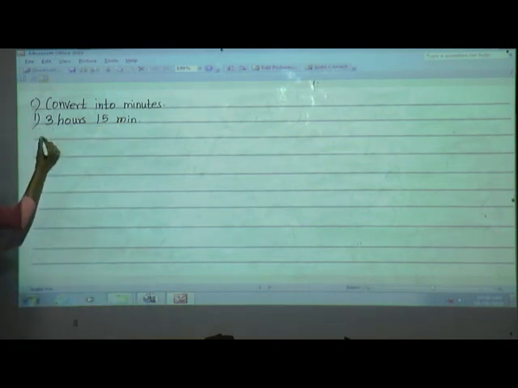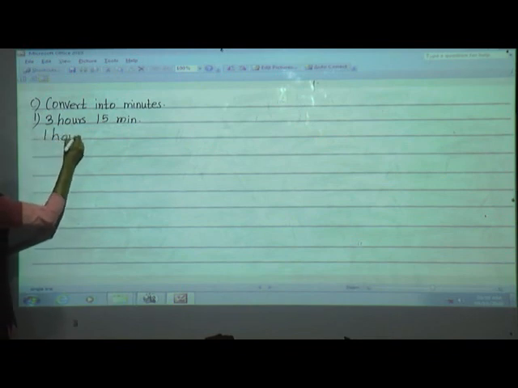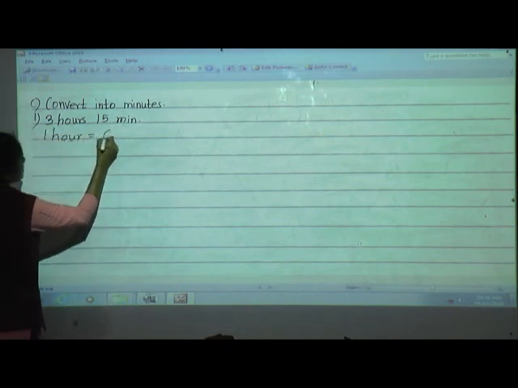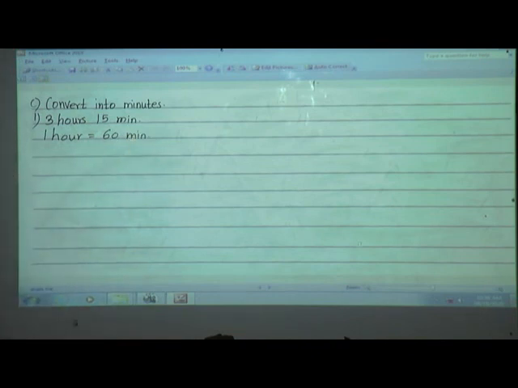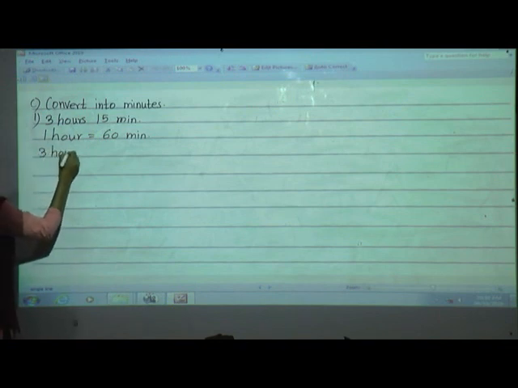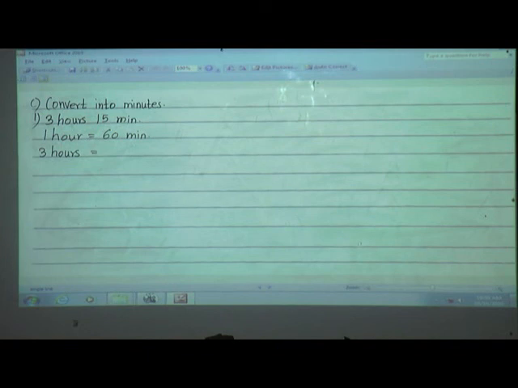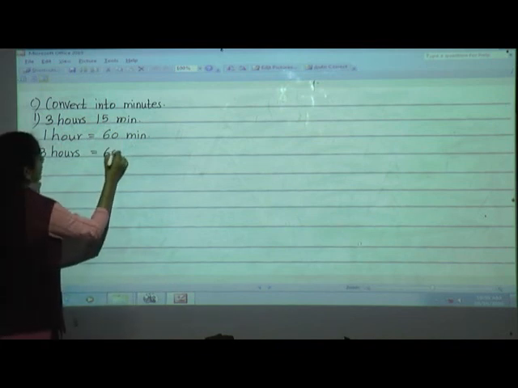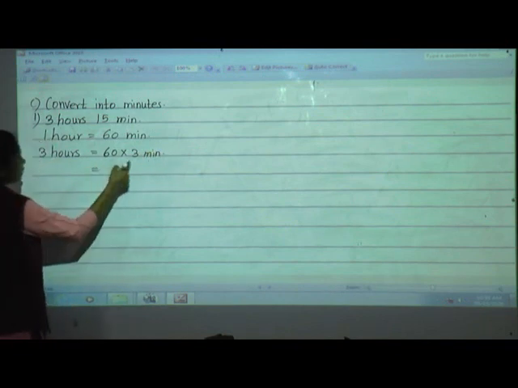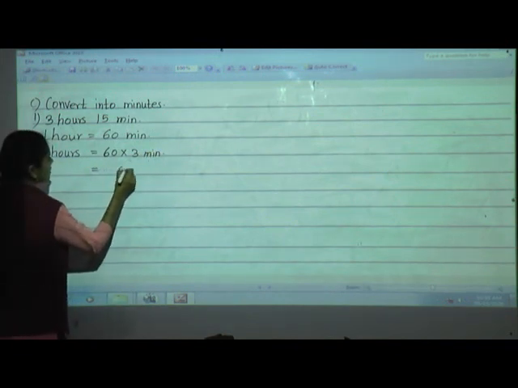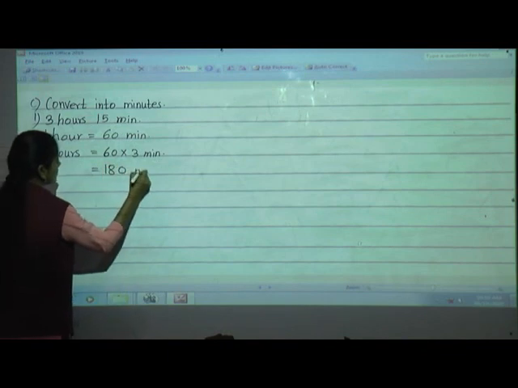Okay. So first we will write 1 hour is equal to 60 minutes. Then 3 hours is equal to how many minutes? If 1 hour is equal to 60 minutes, then 3 hours is equal to 60 into 3 minutes. Then do the multiplication. 3 into 0, 0, 3 6s are 18. Okay.